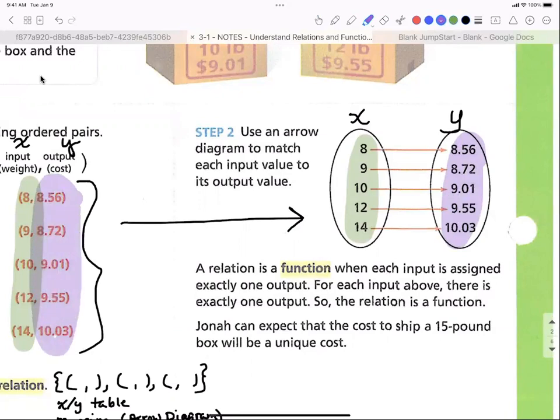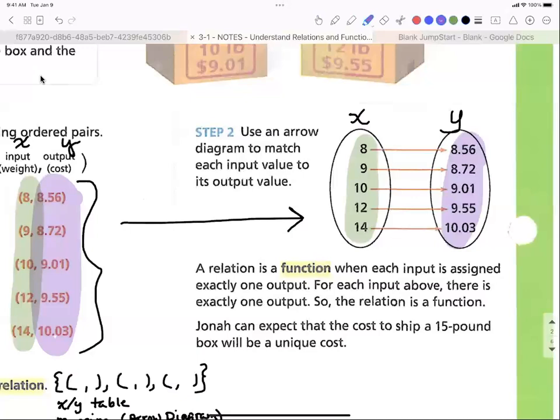And then how you know which one goes with which is where the arrows come in, which is, I'm assuming, why they call it an arrow diagram. When you draw a line between 8 and 856, you're saying that 8 and 856 are an ordered pair. They're an X and a Y. They're an ordered pair. You draw a line to the 9, to the 10, to the 12, and to the 14.